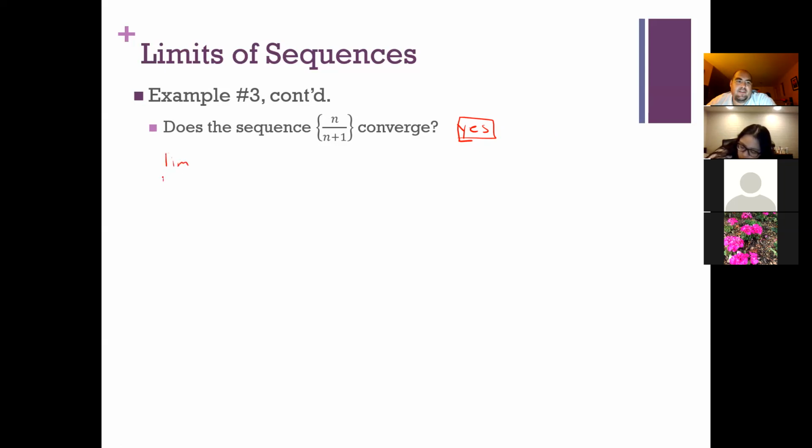So let's look at the limit of this one, as n goes to infinity, of n over n plus 1. Let's do this because I'm allowed to do it. I'm going to multiply top and bottom of this thing by 1 over n. And then that gives me this: 1 over 1 plus 1 over n.